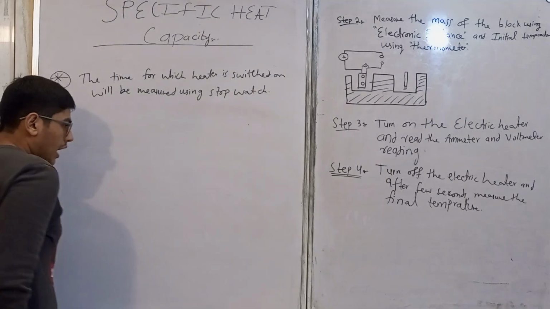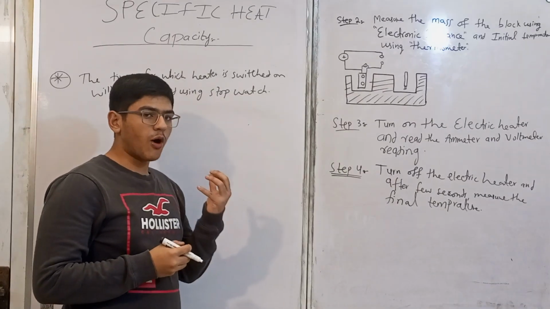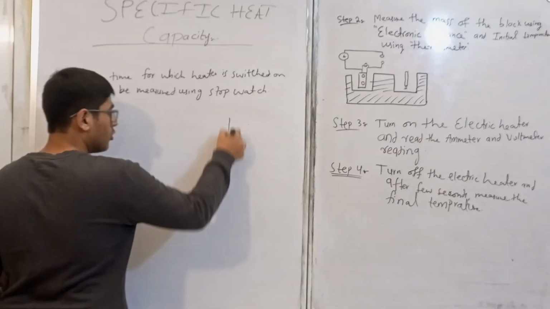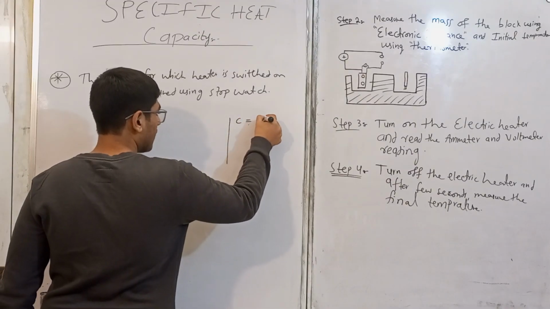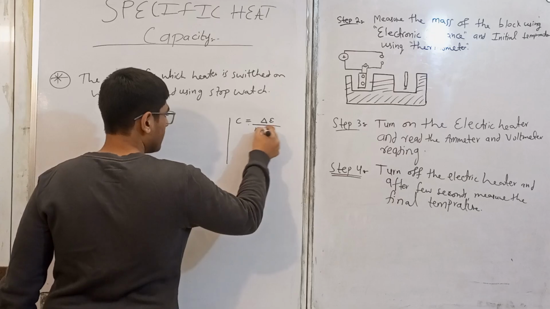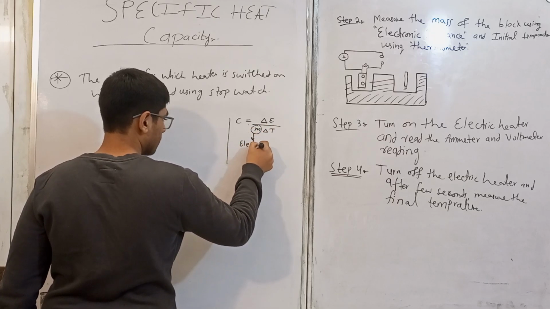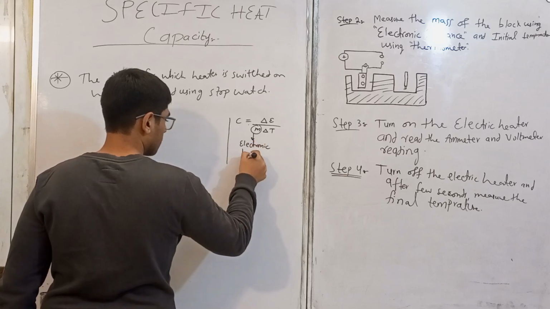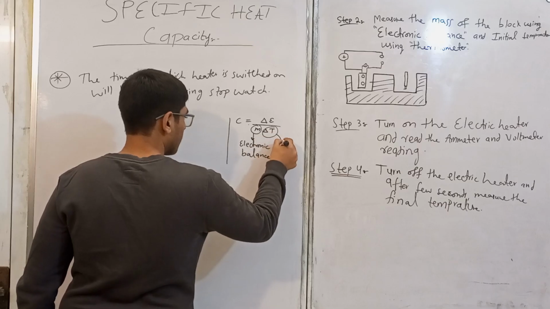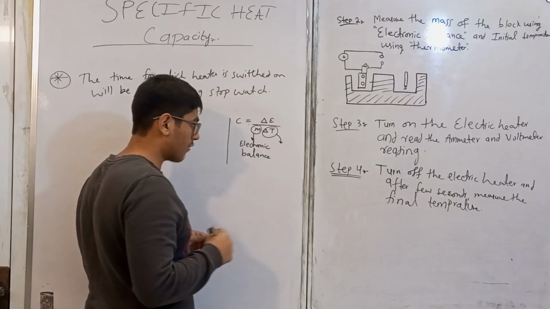Now take a moment and think yourself which formula is used to calculate specific heat capacity. The formula that we use is C equals delta E upon m delta T. And if I summarize, we have measured mass using an electronic balance. We have changed the temperature by turning on the electric heater for some seconds.